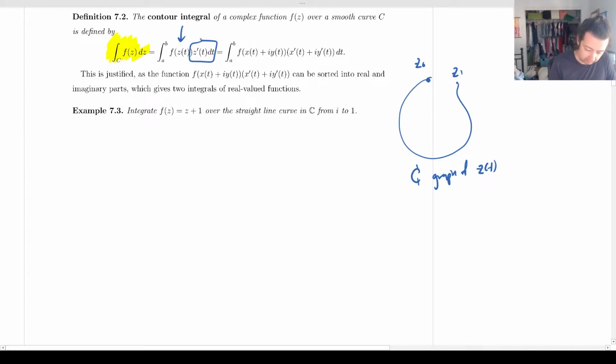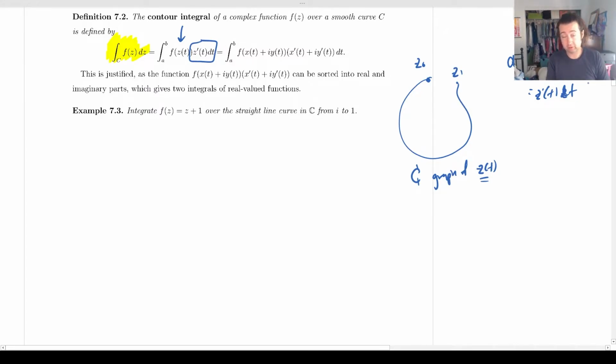If you like, where that comes from, just to remind you, is that if you know that c is z of t, then that means that dz has to be equal to d by dt of z of t, which is equal to z prime of t dt. Right? This is the standard change of variables formula. So we're restricting the function, we're doing change of variables.